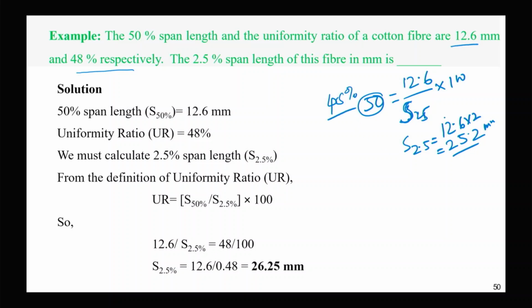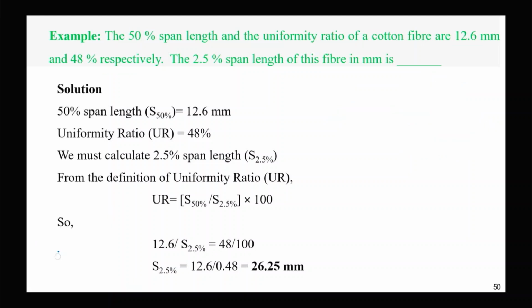If we consider it as 48%, then the uniformity ratio given is 48%, which was earlier. If it is 50%, then it will be 25, and with 48% we get the 2.5% span length as 26.25.